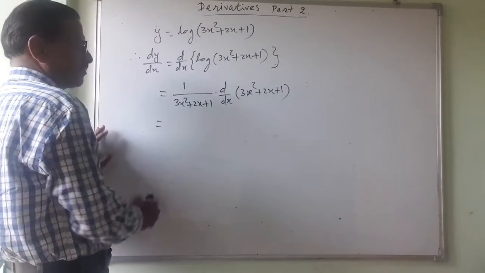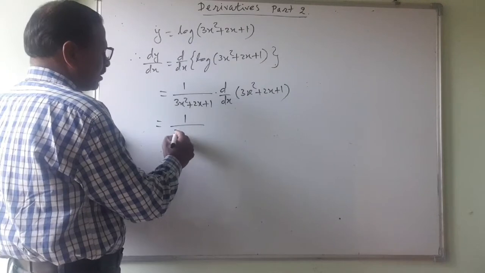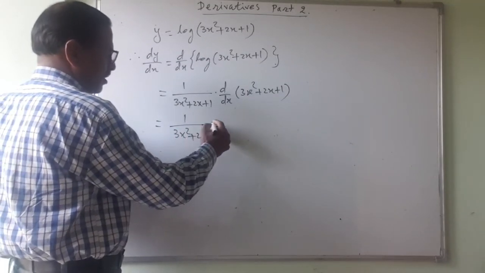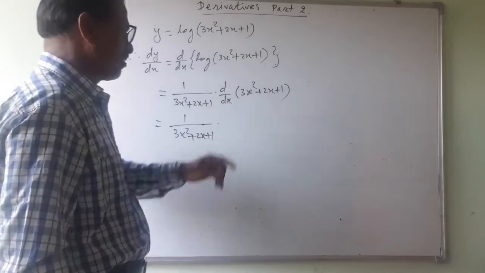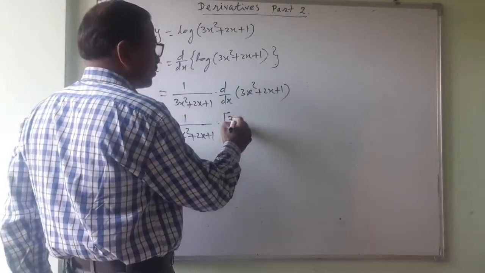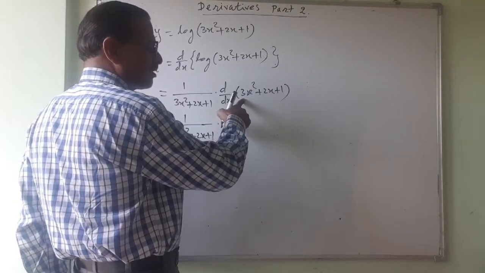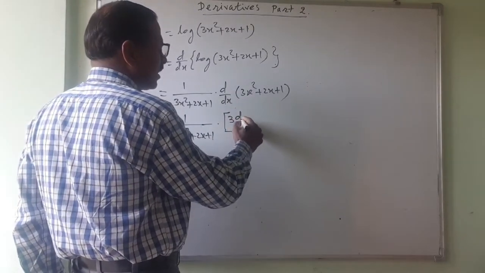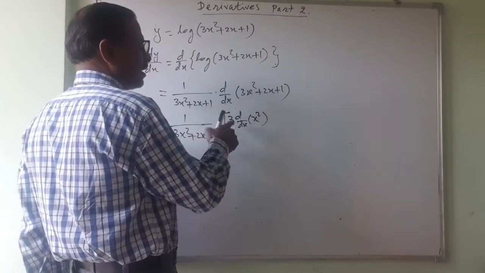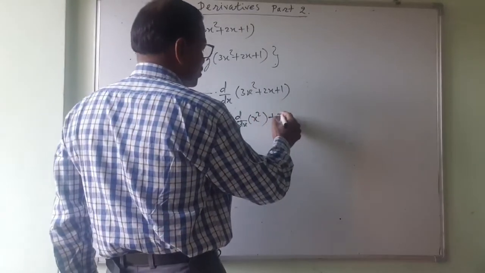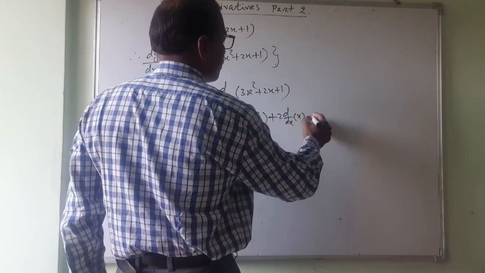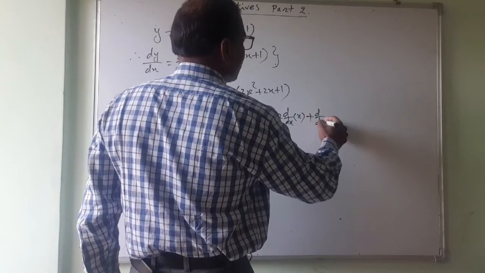That is equal to 1 upon 3x square plus 2x plus 1 into the derivative of this. Just for the initial stages I will teach you: 3 is a constant, I don't want to take the derivative of a constant. 3x square: 3 d by dx of x square plus 2 into d by dx of x plus d by dx of 1.